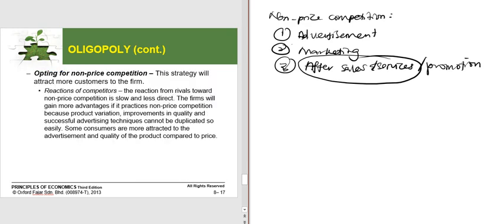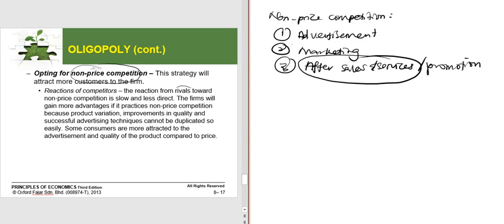If you opt for non-price competition instead of price competition, the impact is it will attract more customers to the firm, because when they look at the advertisement, customers believe that this firm is better than the other firms, maybe in terms of quality and product variation.